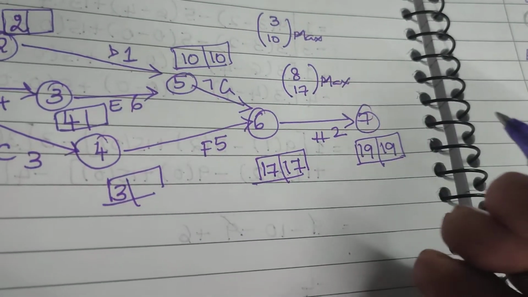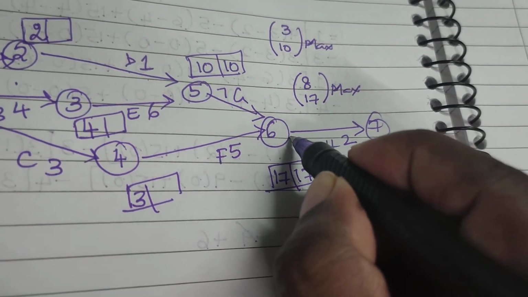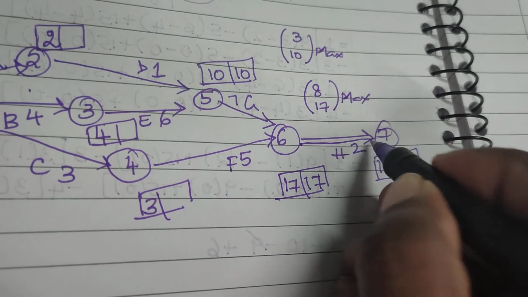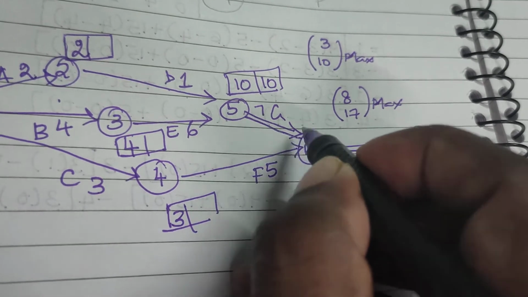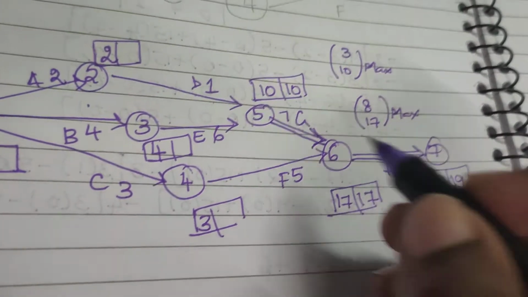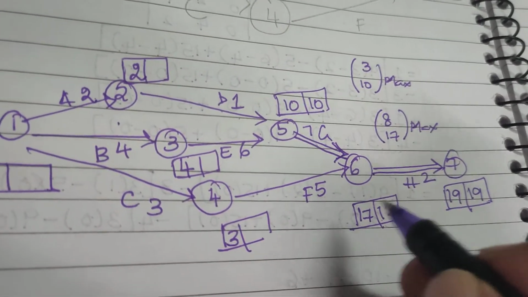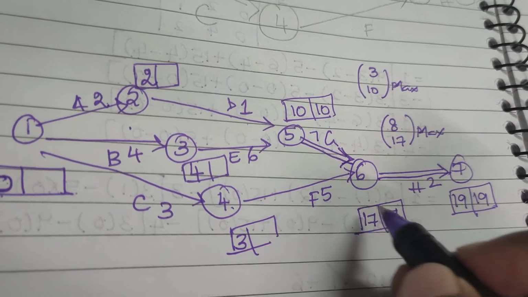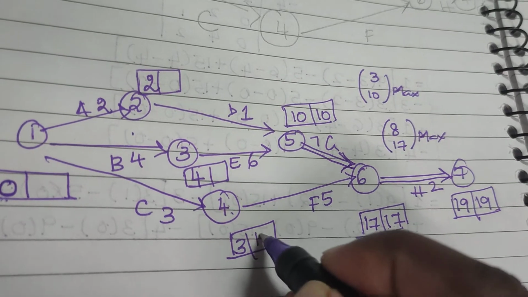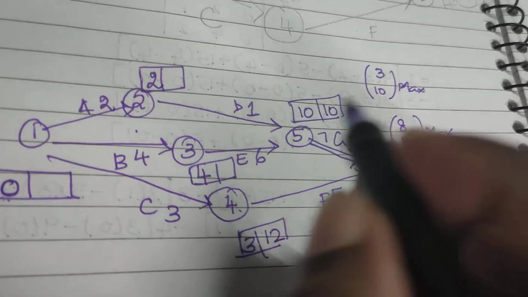And I am going to simultaneously draw my network also. Same. 17, 17, yes. I have a network critical path also. So I am doubling my lines. I come to 4. 4, there is only one line coming from here. 17 minus 5 is 12. This is not a critical path, so we leave it.